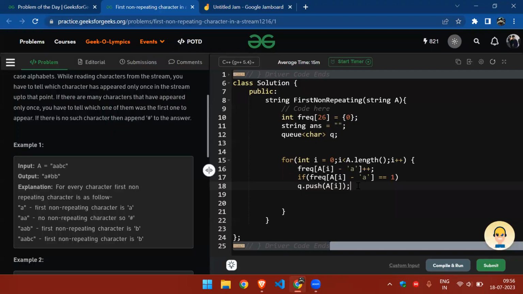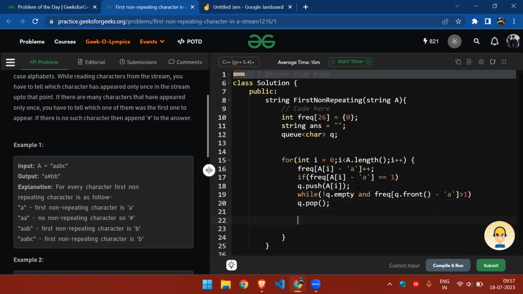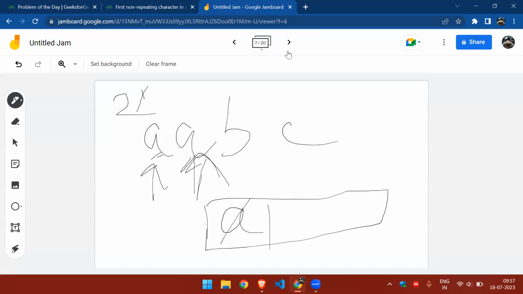So while my queue is not empty and the frequency of the very first character in my queue is greater than 1, I'll simply pop it out. Suppose at this point there are two A's and I have popped out this A from my queue.